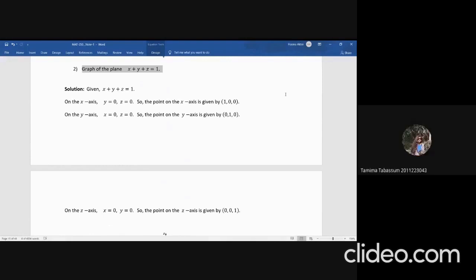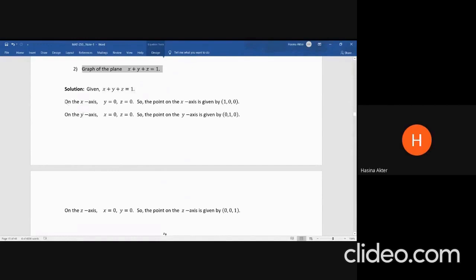Now the question is, how do we draw the plane? Let's try to graph the portion of the plane which is in the first octant. In the first octant, x, y, z, all three of them are positive. So let's take projections.